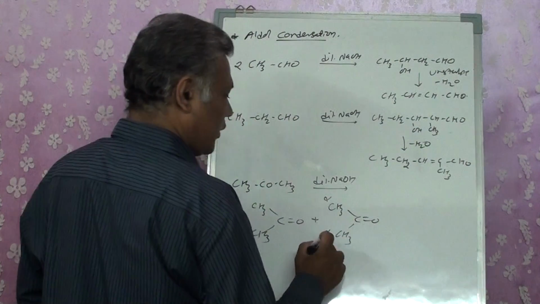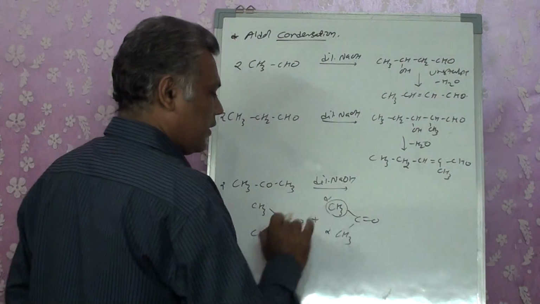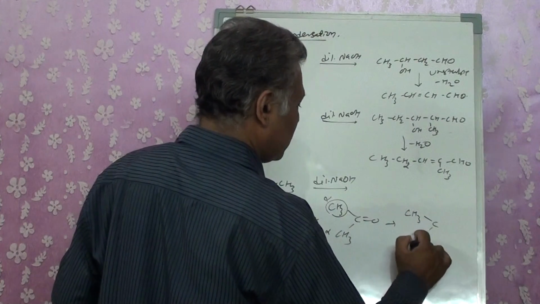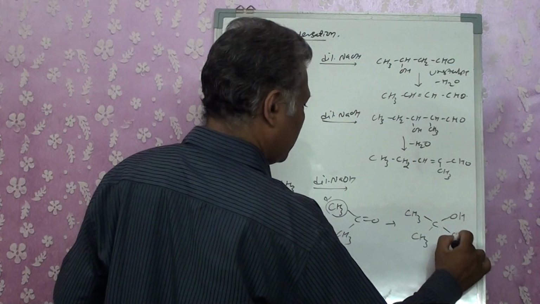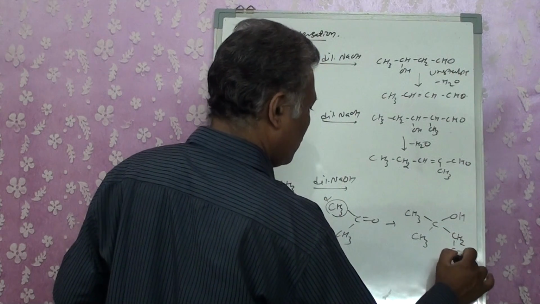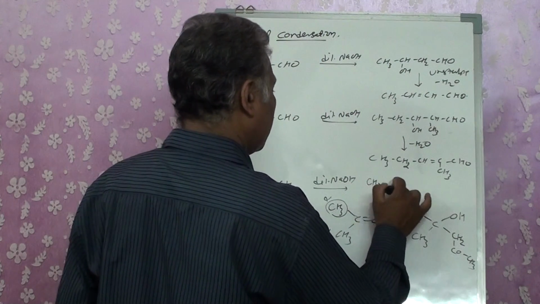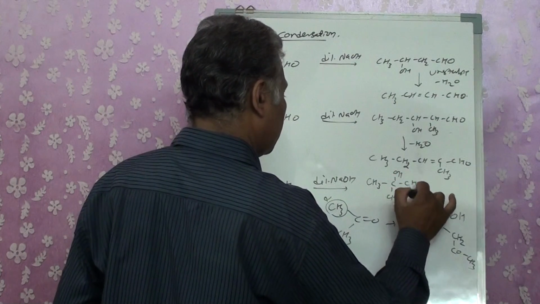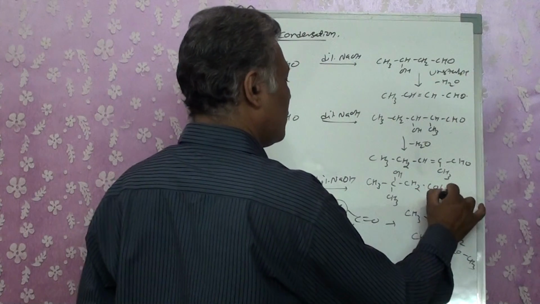Both of these have alpha hydrogens, so out of that we will consider only one that loses its hydrogen. So we get CH3CCH3. This is the oxygen which is going to get the hydrogen, and this is the group which is attached. So what is the product we got? CH3C(CH3)OHCH2COCH3.